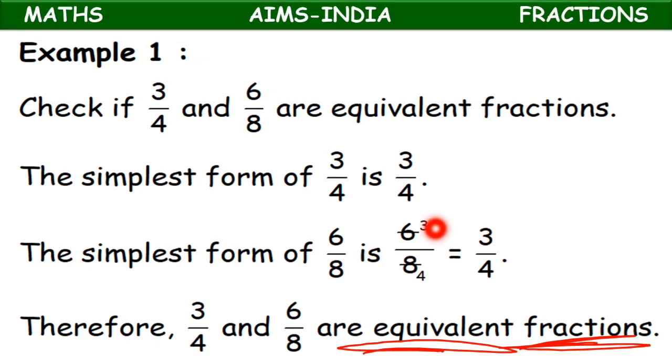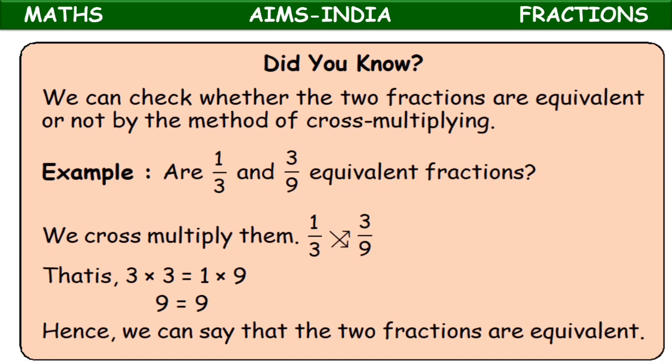Understood, children? First we learnt about reducing the given fractions to the simplest form, and after reducing them to the simplest form we can say whether the given fractions are equivalent or not. Another way we can check whether two fractions are equivalent or not is by the method of cross multiplying.